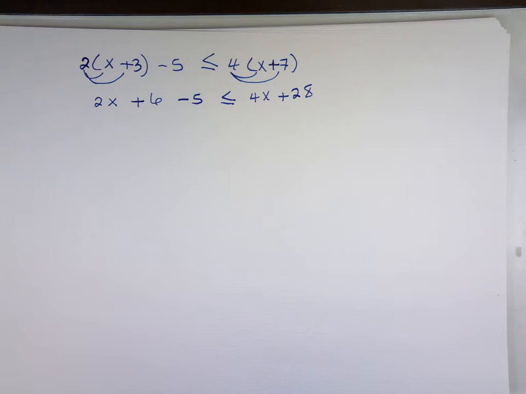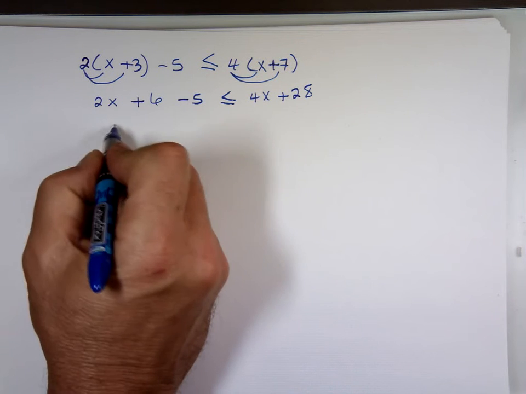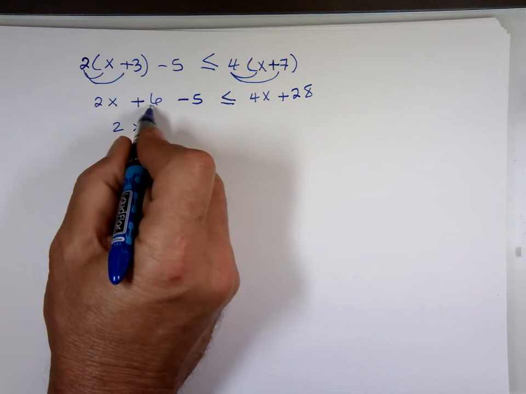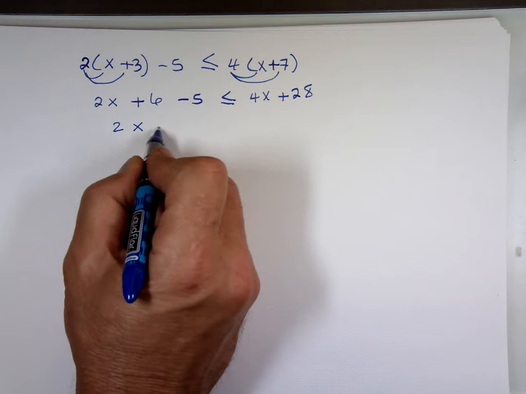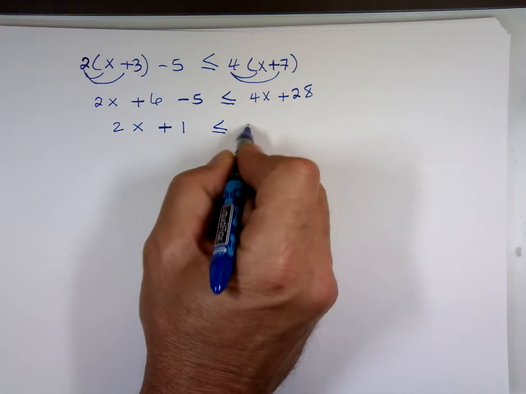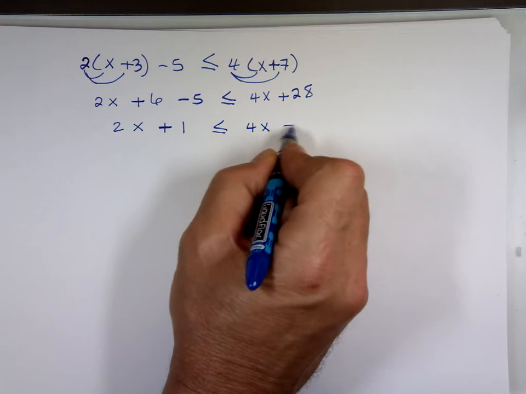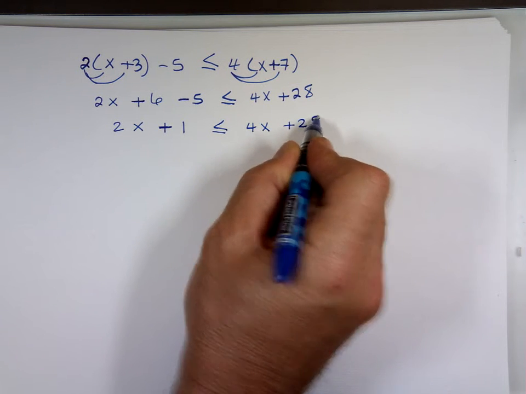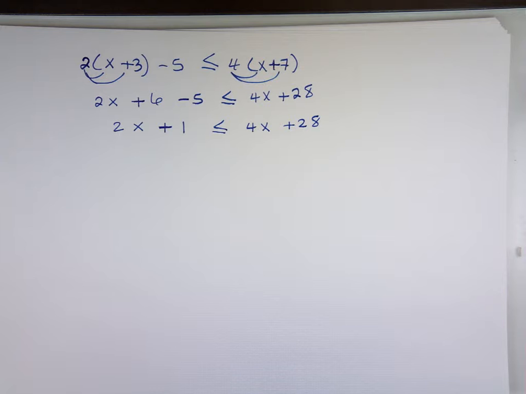Now, I can take these two numbers and combine them together before I start moving things around. What's plus 6 minus 5? Plus 1. Remember, I want all my x's on one side, all my numbers on the opposite side.